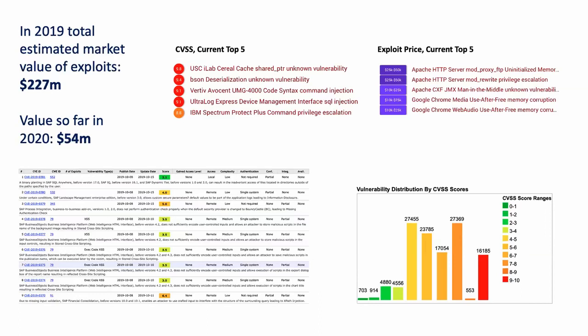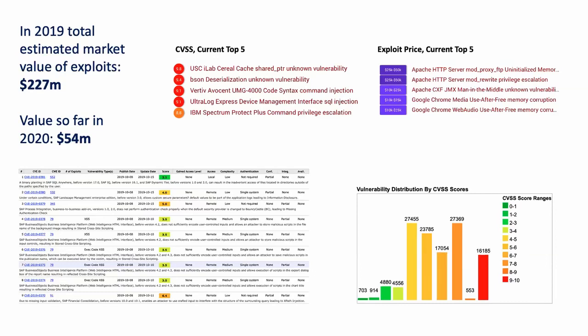Now, an interesting thing is that there's tracking of vulnerabilities around what we call a CVS score. Obviously, the higher the score, the more critical the vulnerability is. And then we also track something called exploit price. What's the market price of vulnerabilities?